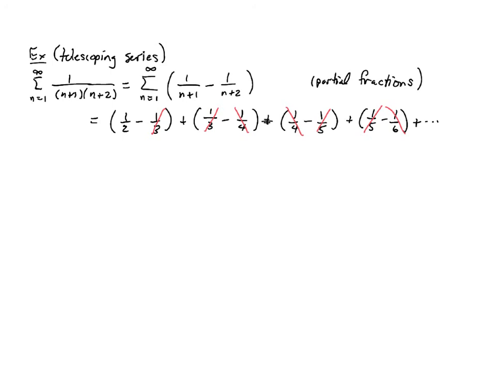So this is the infinite cancellation that I was talking about before, and we find that the total sum of this series is equal to the one term that remains, which is 1/2. Okay. And another example of this is in the textbook, which you can see is example number 7.